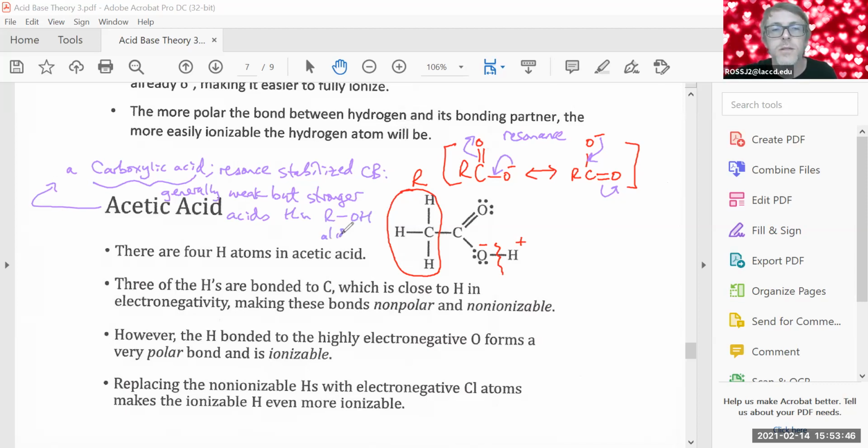Alcohols are substances with an OH, just like a carboxylic acid has an OH. The difference is a carboxylic acid has an adjacent carbonyl, and the presence of an adjacent carbonyl allows resonance stabilization, which further stabilizes the conjugate base compared to just RO negative. And that increases the stability of the conjugate base and therefore raises the acidity compared to a general alcohol.